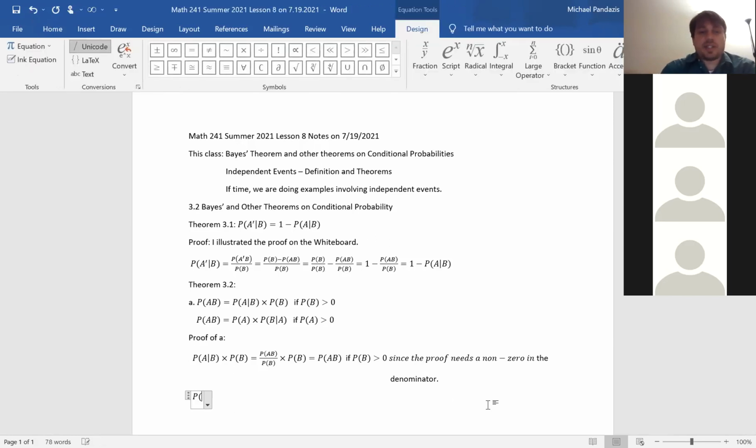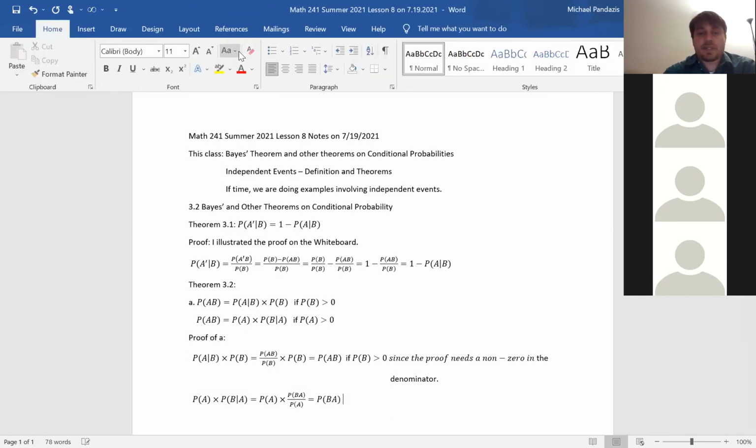The second equation in A is almost exactly the same. If you take P of A times P of B given A, by definition of conditional probability, P of B given A is P of BA divided by P of A. The P of A cancels and you get P of BA.